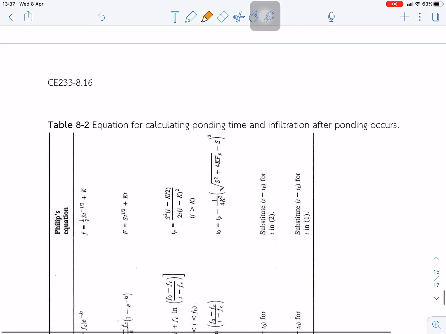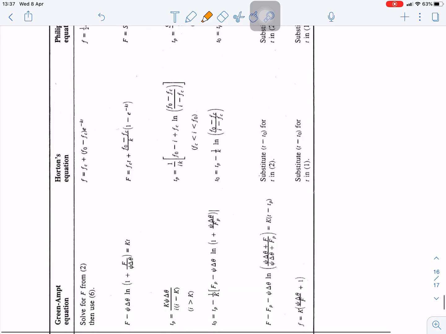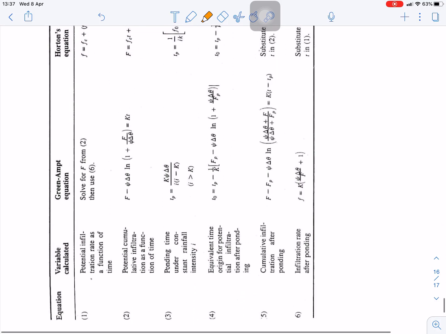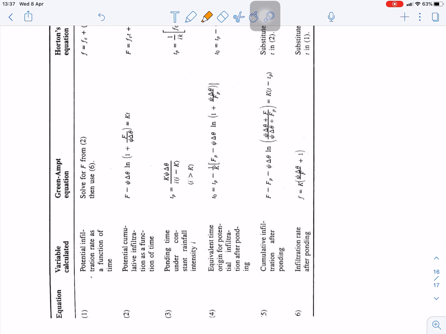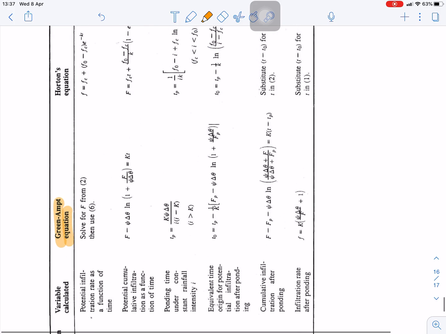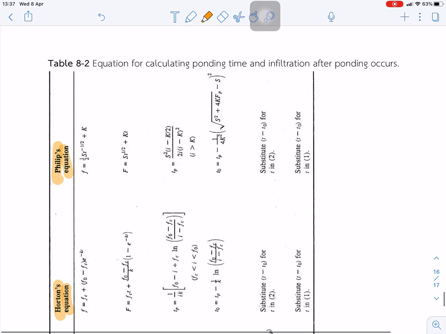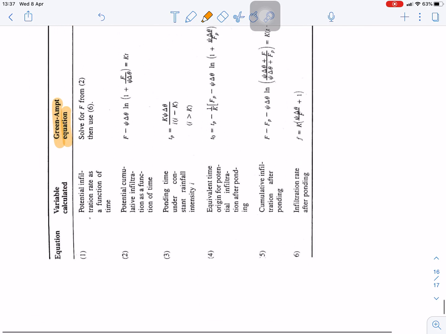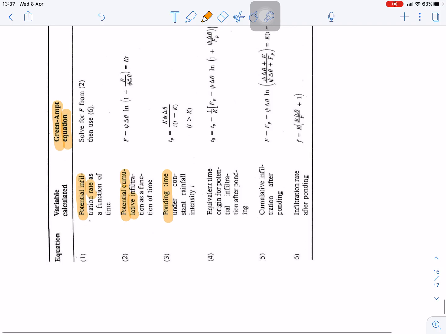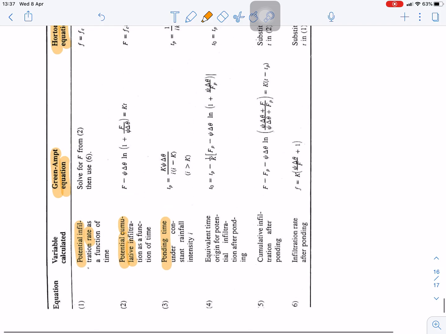Okay, and this table shows the summation of the different equations for different methods: the Green-Ampt equation, the Horton equation, and the Philip equation, for different conditions for the potential infiltration rate and potential accumulated infiltration at a point in time. Okay, this is the summation of the three equations.